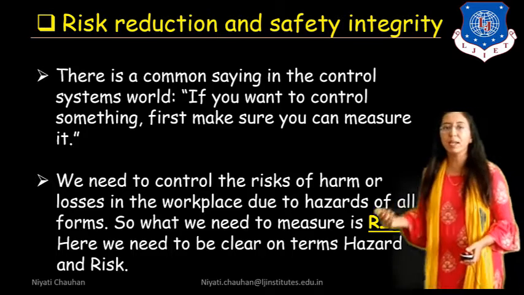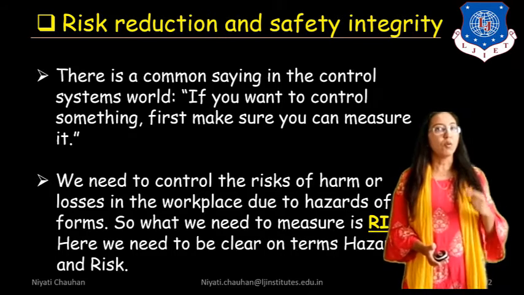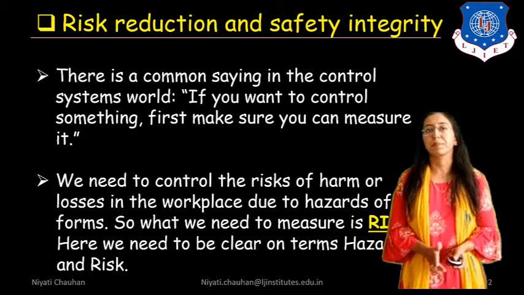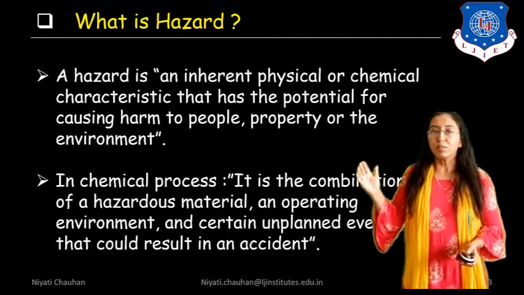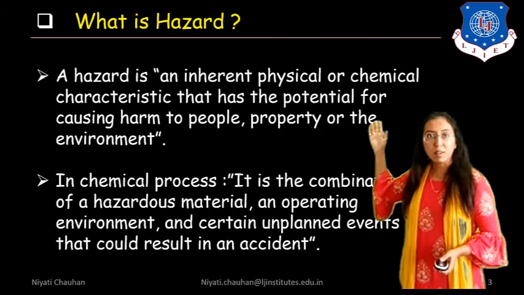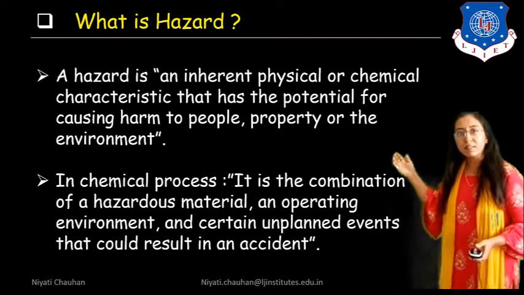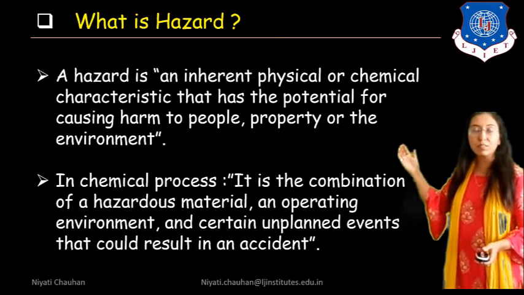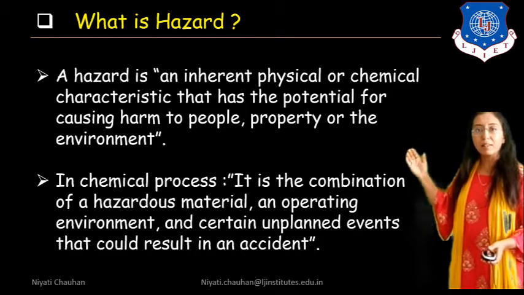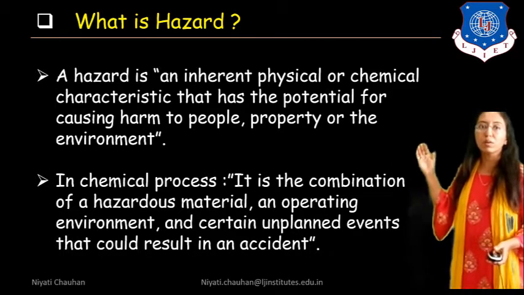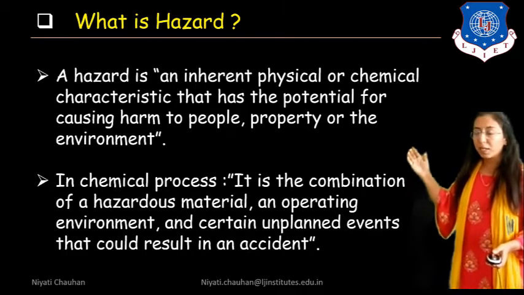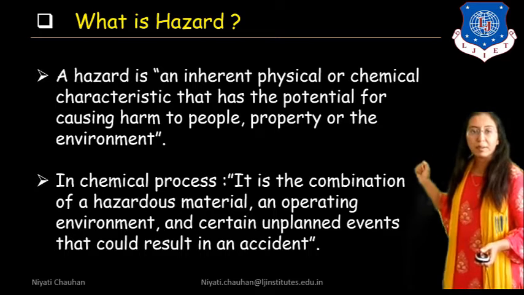Here we need to be clear on the terms hazard and risk. So first we clear two words. What is hazard and what is risk? So first, what is hazard? A hazard is an inherent physical or chemical characteristic that has the potential for causing harm to people, property, or the environment.